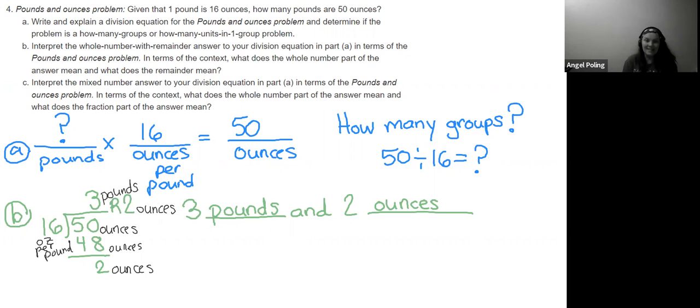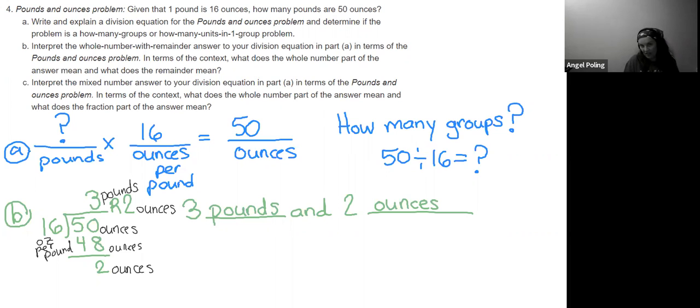Now, part C wants us to interpret the mixed number answer to your division equation in part A. In terms of the pounds and ounces problem, in terms of the context, what does the whole number part of the answer mean?